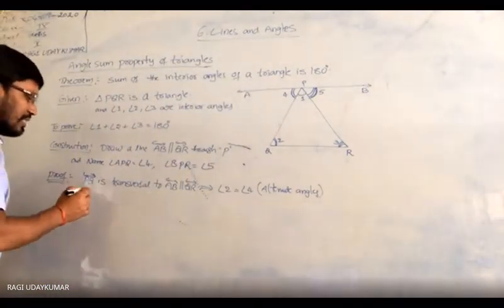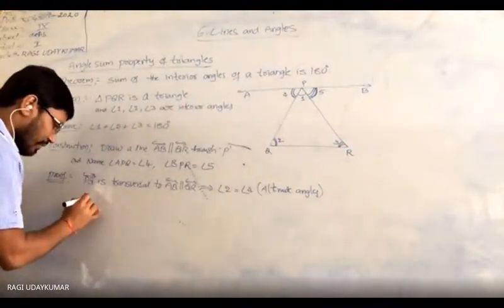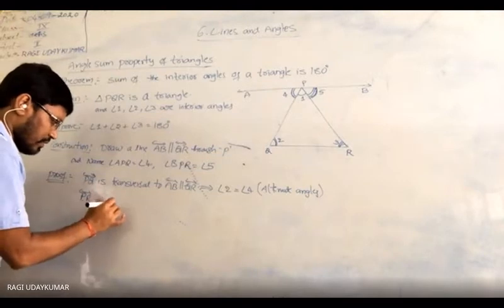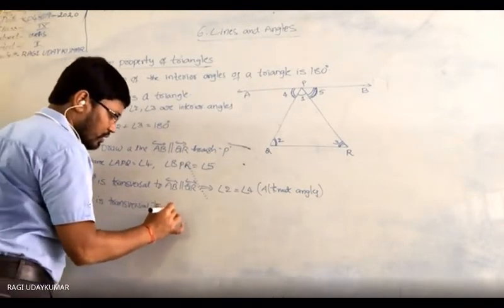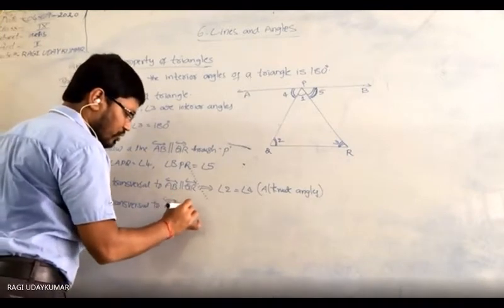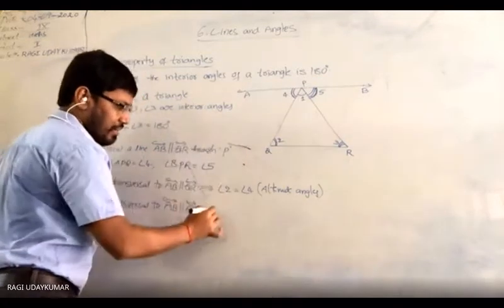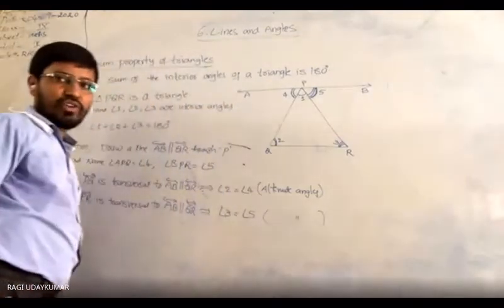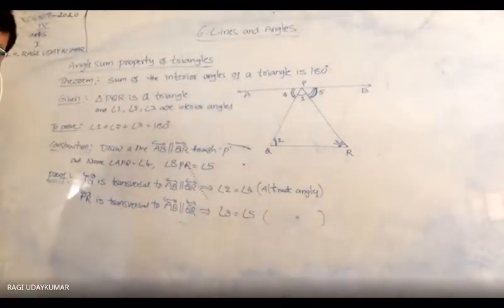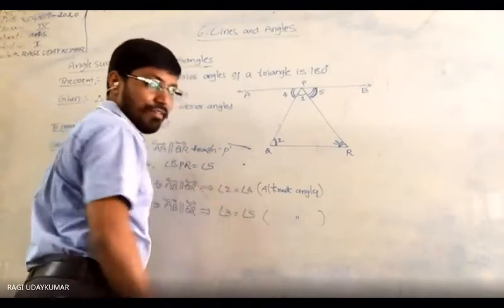In the same way, PR is a transversal to AB parallel to QR. This implies angle 3 and angle 5 are equal, for the same reason: they are also alternate angles. So already angle 2 and angle 4 are equal, angle 3 and angle 5 are equal.